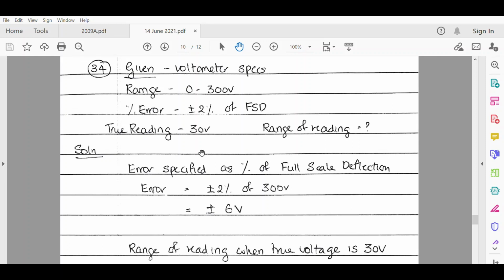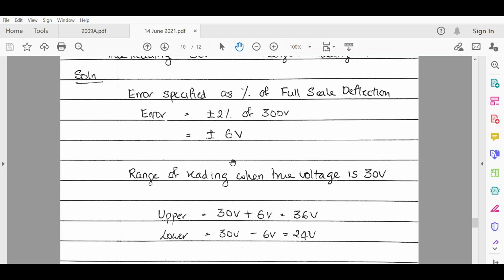Now the error is specified as a percentage of the full scale deflection, so the error is plus or minus 2% of 300 volt, where 300 volt is the full scale deflection. That means the error is plus or minus 6 volts. The range of the reading when the true voltage is 30 volts: the upper reading would be the true voltage plus the error, which is 36 volts, and the lower reading would be the true voltage minus the error, which is 24 volts.